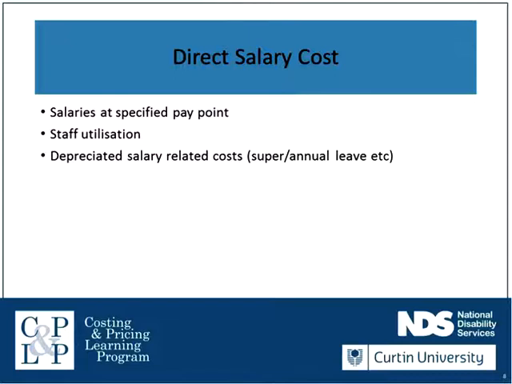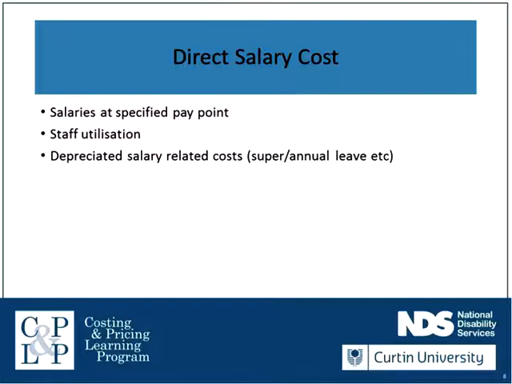Finally, the depreciated salary related costs are also very important. They're the components like superannuation and annual leave, and they're termed depreciated salary costs because those costs are incurred today at today's price, if you like. However, in future they will be paid, and very probably paid at some future level of cost as a result of increases in pay and perhaps even increases in CPI amounts or even superannuation amounts.